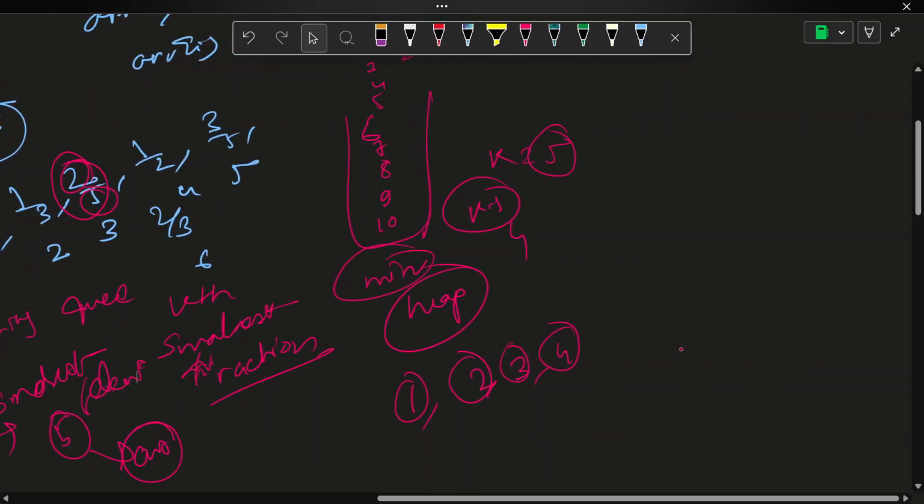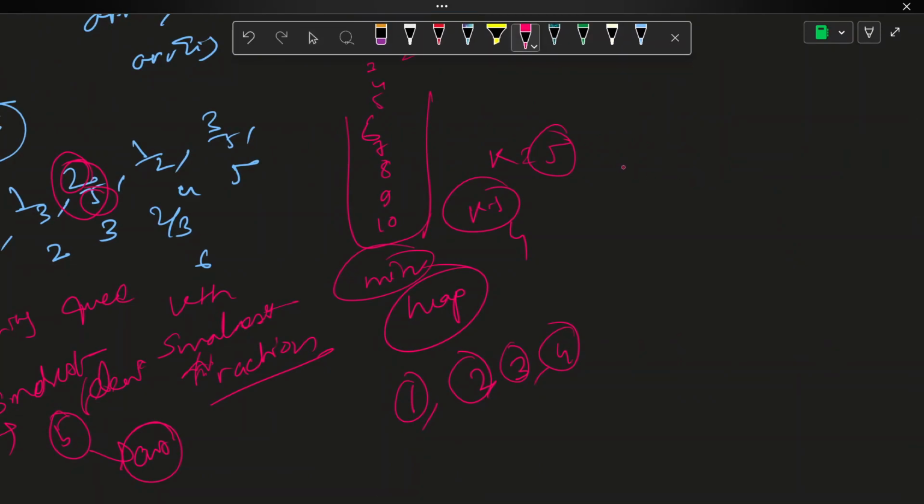And here I will not explore all the possible fractions. Why not? Because if I create all the fractions, and n elements are present in the array, the number of fractions will be n into n minus 1 by 2. Why? Let's see, for 5 elements, 1, 2, 3, 4, 5.